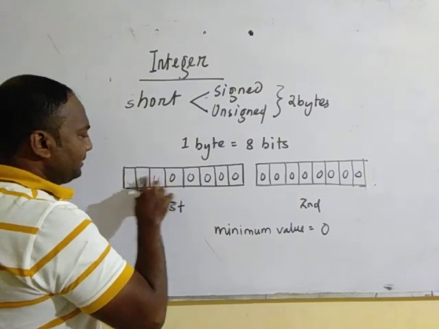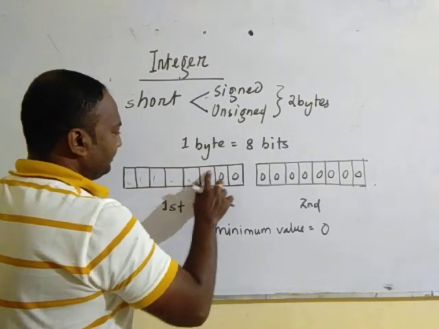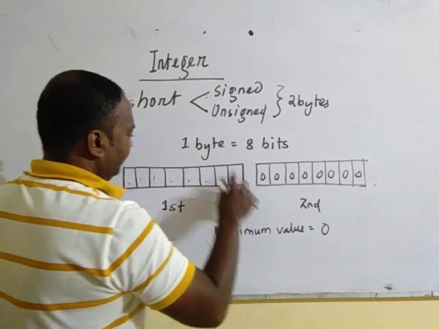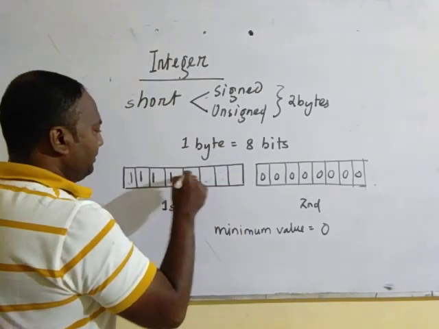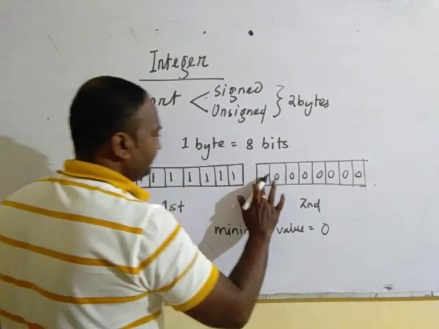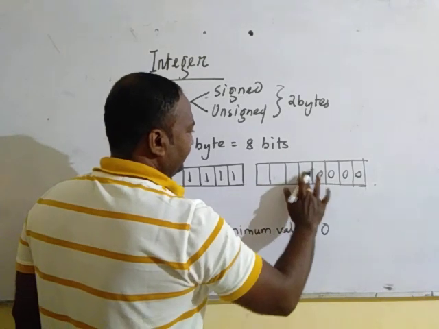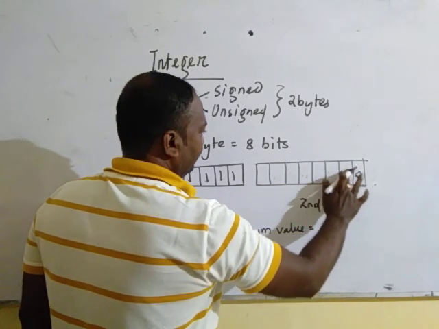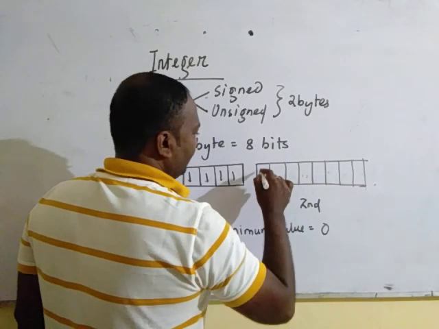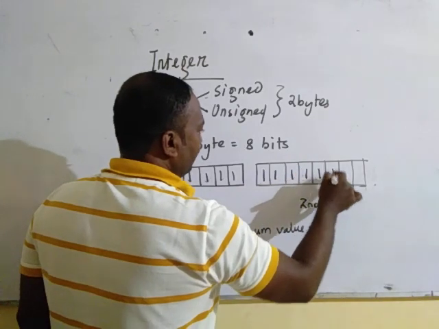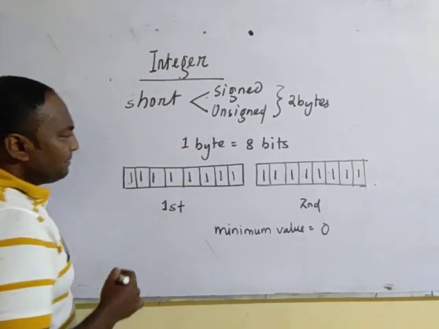We'll put 1 here. 1, 1, 1, 1, 1, 1, 1, 1, and 1, 1, 1, 1, 1, 1, 1, 1. So what is the maximum value?